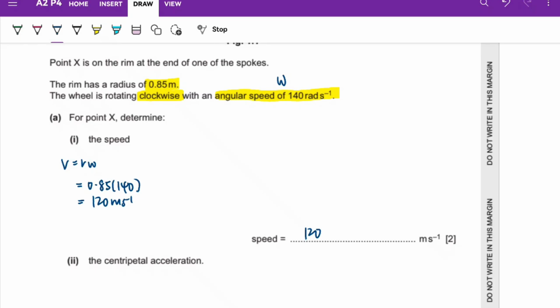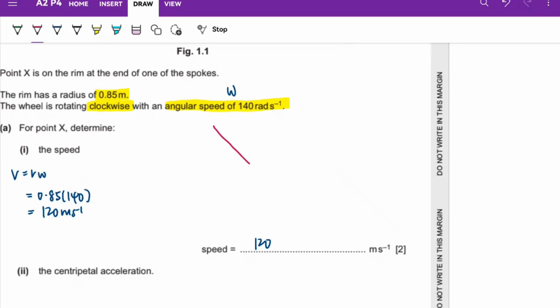Let's refresh our memory a bit. I'm going to draw this here. This has a bit to do with arc length that we learned in math. This is our theta, this is our radius, and this S denotes our arc length. In maths, we have learned that s equals r theta.